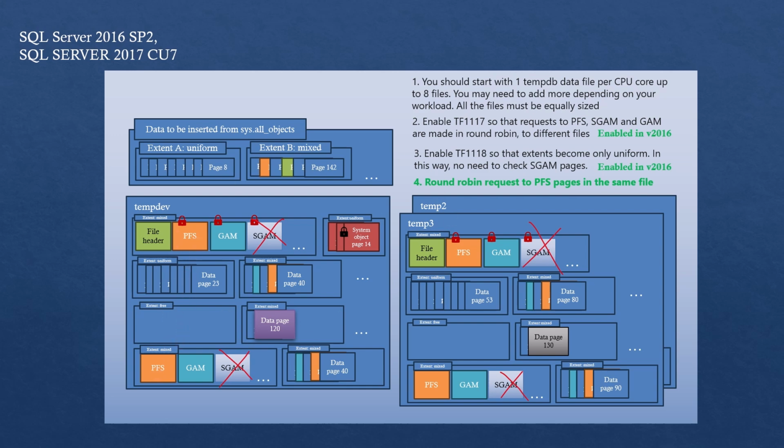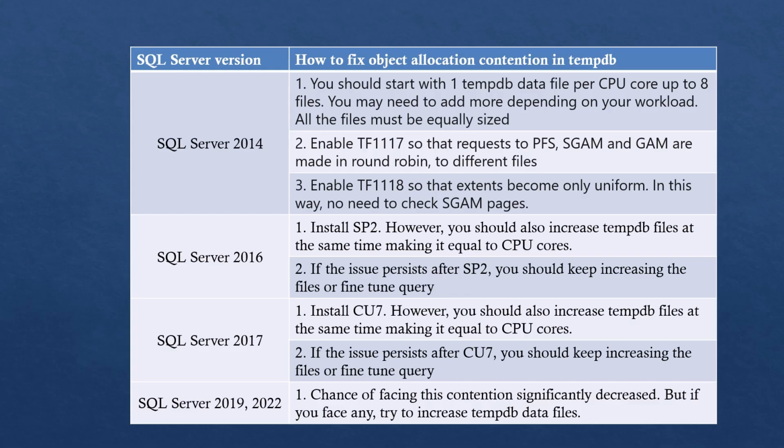This significantly decreased PFS page contention and improved performance. This is a summary of what we discussed until now. As you can see, by increasing the SQL Server version, we can significantly decrease the possibility of Tempdb allocation related contention. But you might still face it. It is not 100% dealt with. You might face it in higher versions of SQL Server.